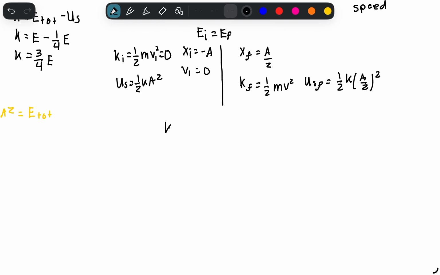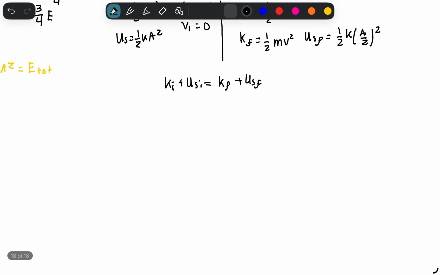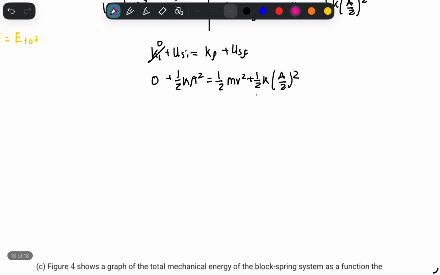So in total, we have K initial plus US initial is equal to Kf plus USf. Just substitute in now. We get 0 here plus 1/2 ka squared is equal to 1/2 mv squared plus 1/2 k (a over 2) squared. Now let's simplify our spring term.